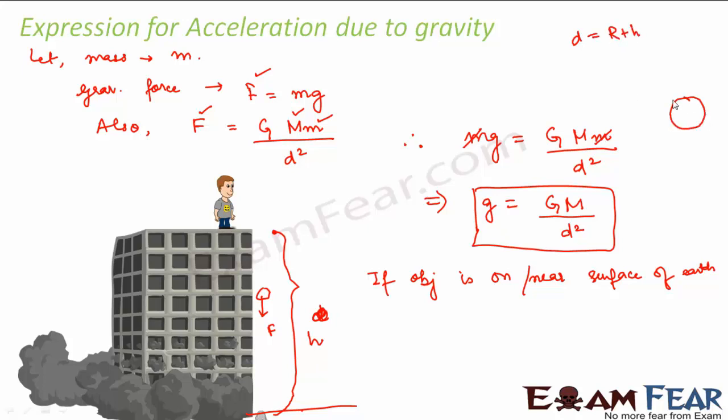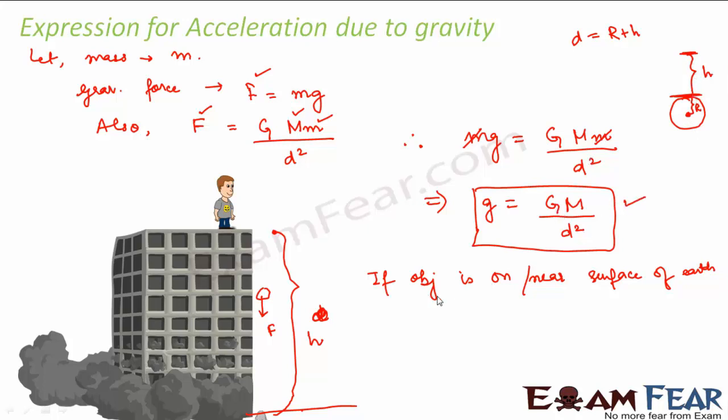It is something like this. Let us suppose this is the earth, so this is the surface of the earth. From the surface the stone was at a height h, but already you have some radius R of the earth. So in this case d denotes the distance of the stone from the center of the earth. That means d is nothing but R plus h in this case, right?